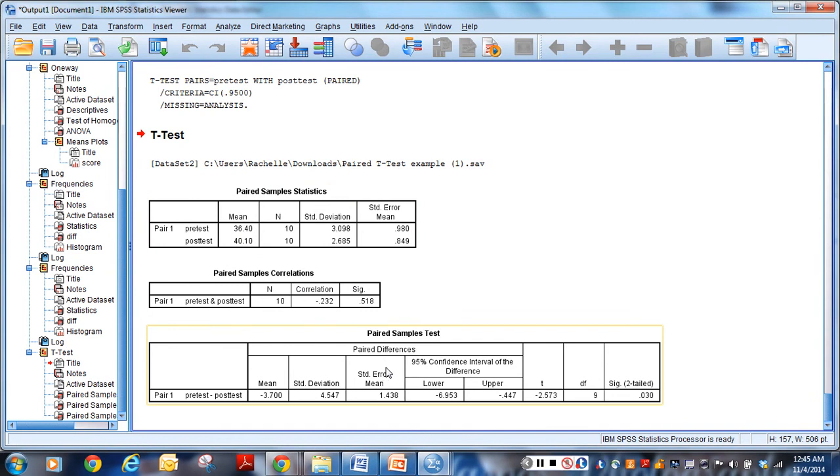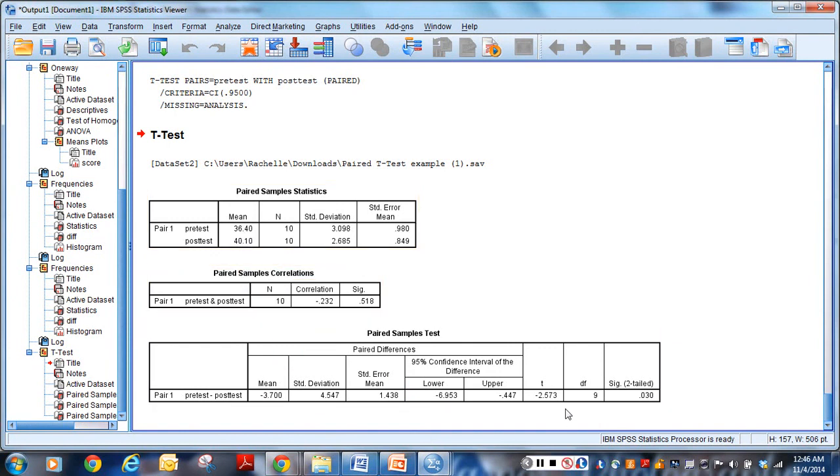Now, we also have our paired samples test here. It focuses on the difference between the pretest and the post-test. So notice this column right here shows that there's a 3.7 difference between the means.